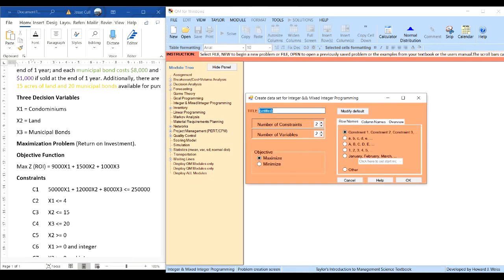We're going to title it our mixed integer example. And then for constraints and variables, we go back to our question that we had over here, and we see that there are 3 decision variables. We see that we have 1, 2, 3, 4, 5, 6, 7 constraints.